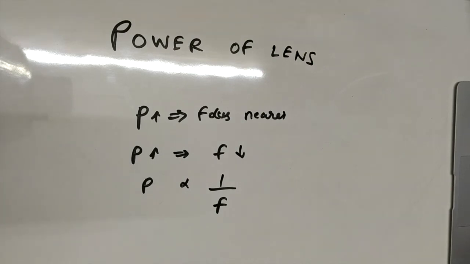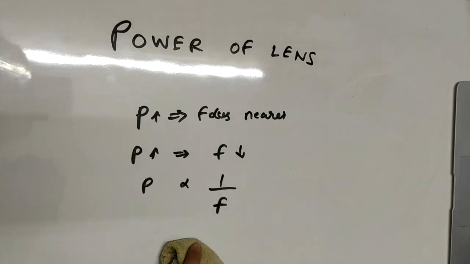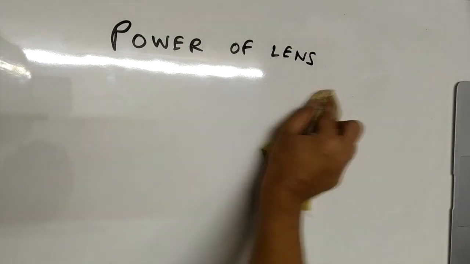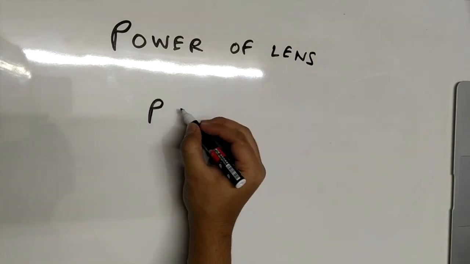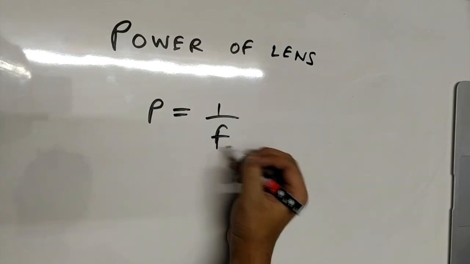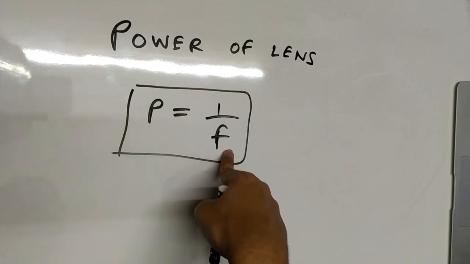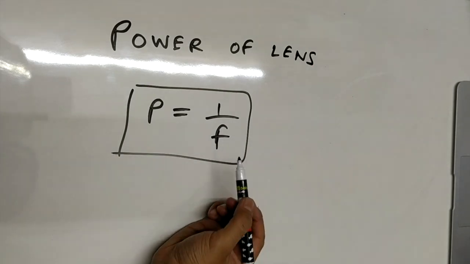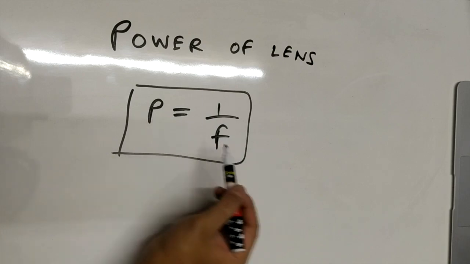Understood, no? After some experiments, scientists found out that power is actually equal to 1 by f. Power equal to 1 by f. It's very simple, because we know that focal length has to be smaller for power to be greater.